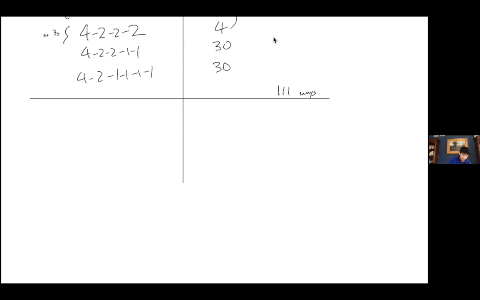And now we consider what happens if we don't have any 4s and our largest piece is a 3. So if we're using 3s, then there's 3, 3, 2, 2, because we only have 3 3s. That's the maximum number of 3s we can use.